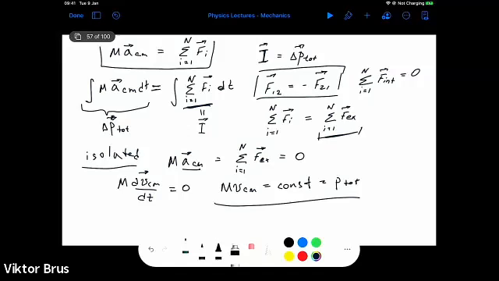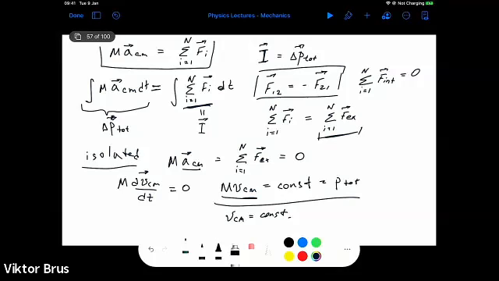And also, since this product remains constant, the velocity of the center of mass by itself is a constant value. So for an isolated system of many bodies, the total linear momentum of this system, which is defined as the product of total mass and velocity of its center of mass, remains constant.